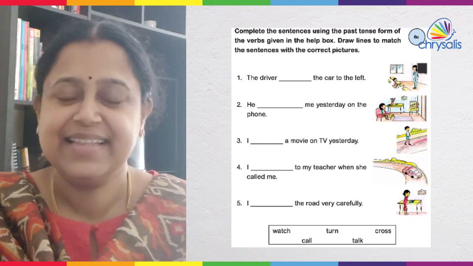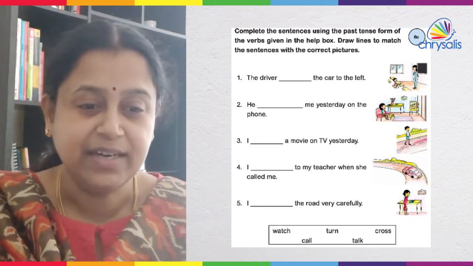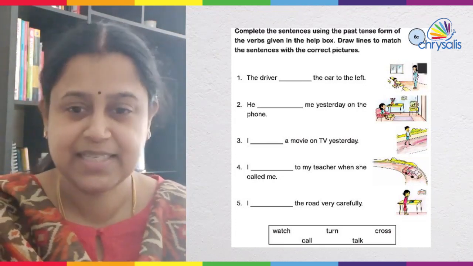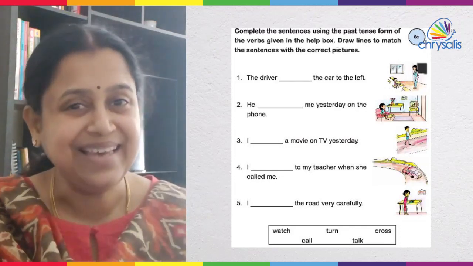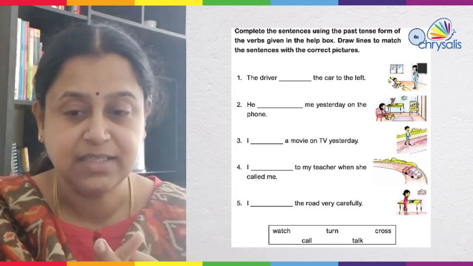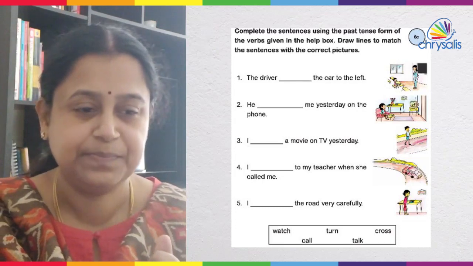Look at your screen. This is your companion activity 6C. Here, this is a picture-based question. Here it is given. There are a few verbs given in the help box. They are watch, turn, cross, call and talk.